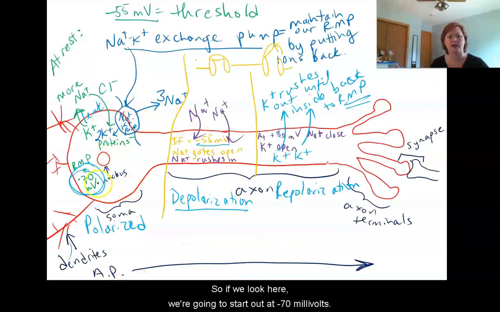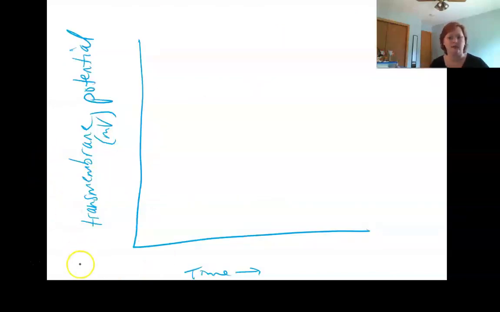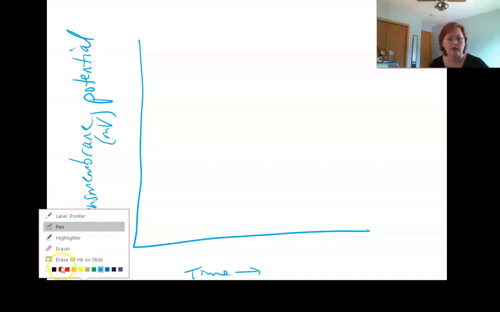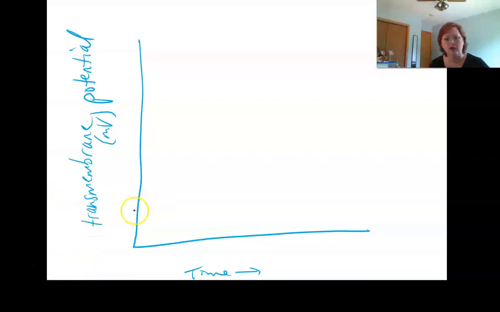So if we look here, we're going to start out at minus 70 millivolts. So this is my resting membrane potential.